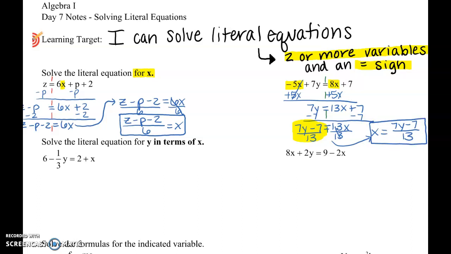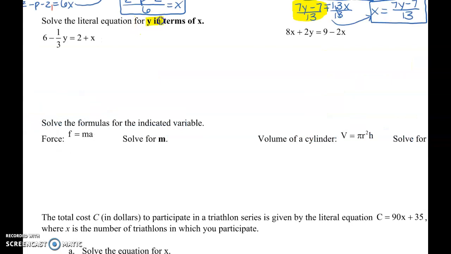When we look down here, we are now trying to solve for y in terms of x. If it says solve for y in terms of x, that means we are now getting y by itself. We're going to first subtract 6 from both sides.